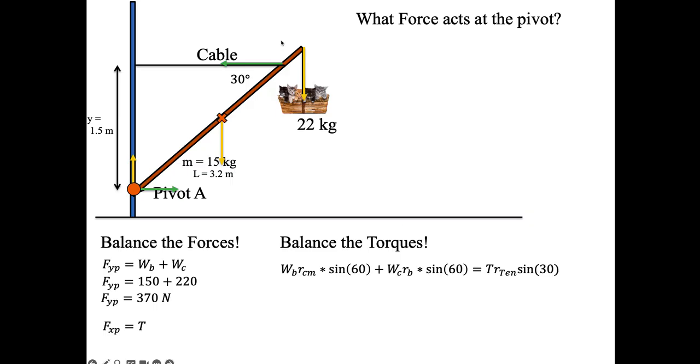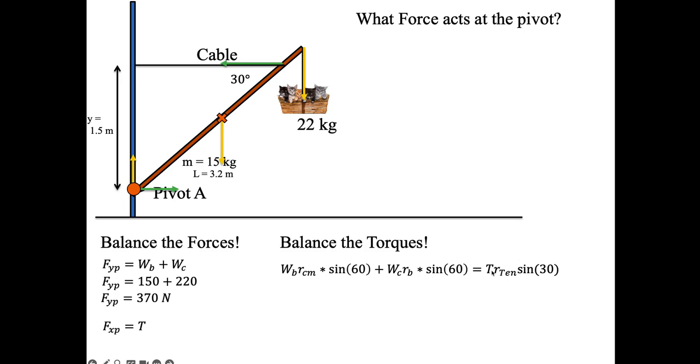Plus now I've got the weight of the cats times the length of the lever arm, which is 3.2 meters in this case, the full length of the bar, times the sine of the angle between them, 60 degrees again, right? Those are the same angles. Then these two torques are trying to turn this bar clockwise, but this torque is turning it the other way.